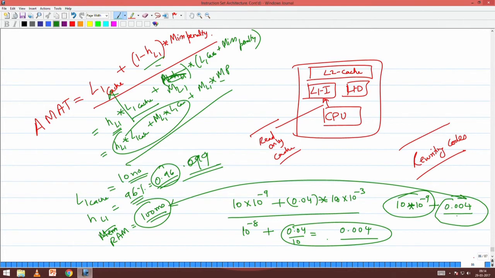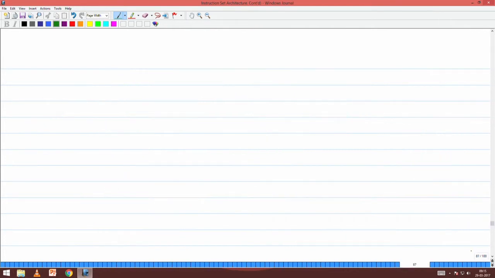So, in the context of L2 cache, what will happen? Now, let us go to the L1 plus L2 cache. Let us say L1 is 10 nanoseconds and 0.97 is its hit ratio. Now, L2 is larger in size, and L2 is a unified cache. What do you mean by unified cache?